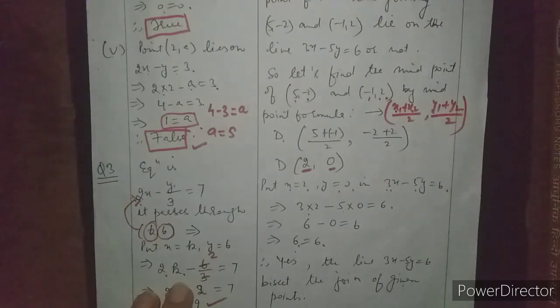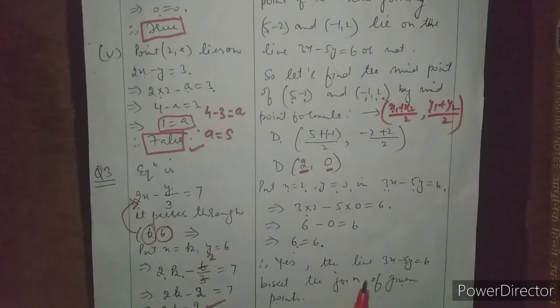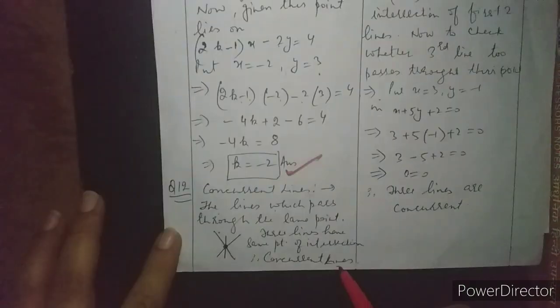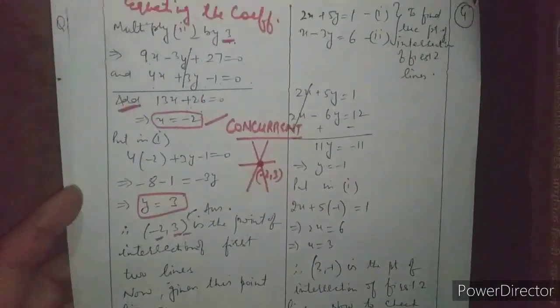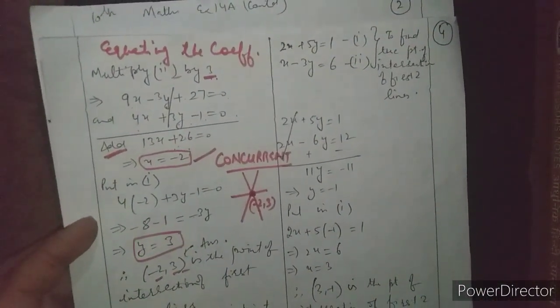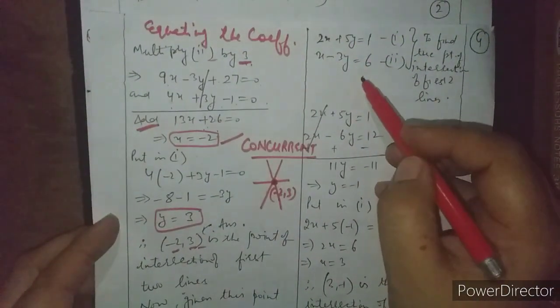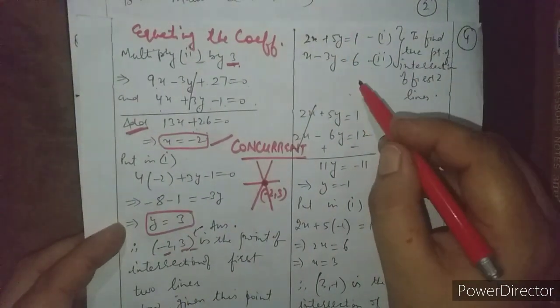Okay, now see students, question number 7. Let us talk about 7th first. They will be called the concurrent lines. So for that I will repeat the process of question number 11, right? So I have taken the first two lines, then I will find out their point of intersection.